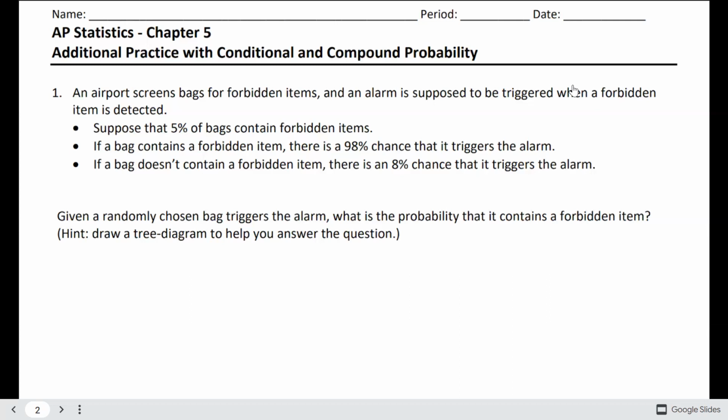0.076, probability of forbidden complement and alarm. And finally, you didn't do anything wrong and your day went smoothly. You didn't pack anything forbidden and you did not set off the alarm. 0.874, probability of forbidden complement and alarm complement.